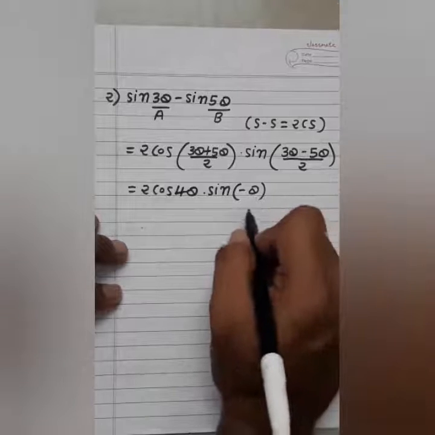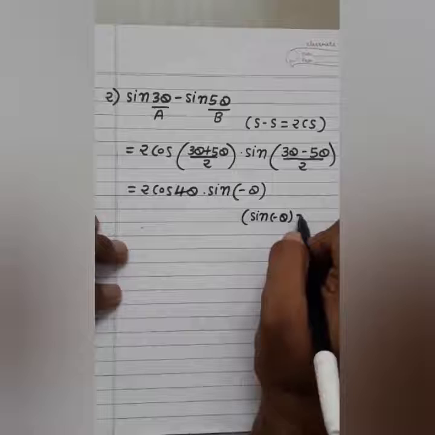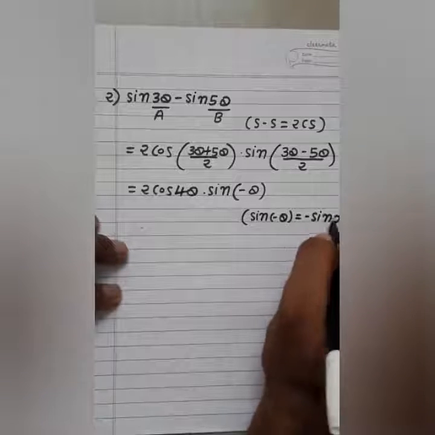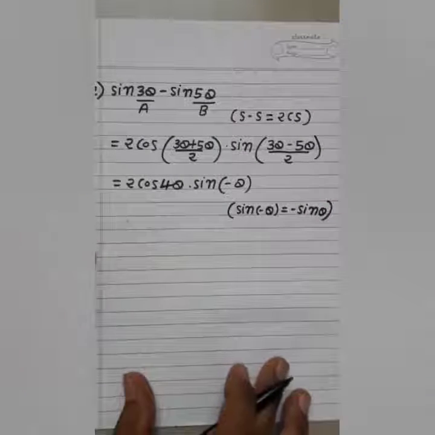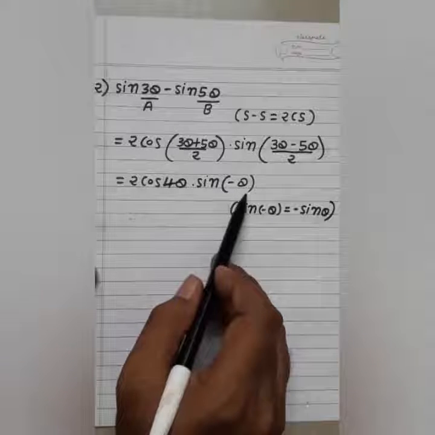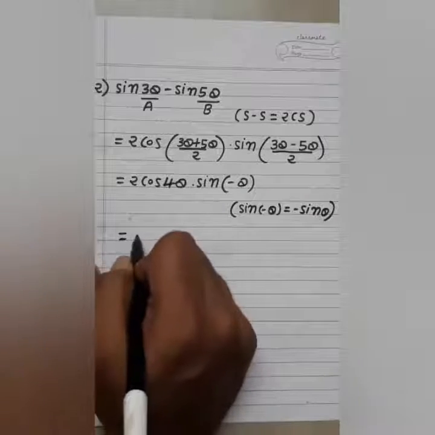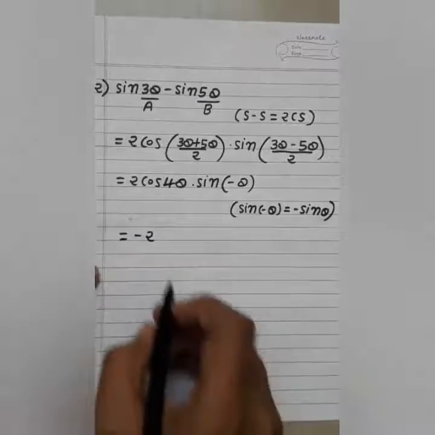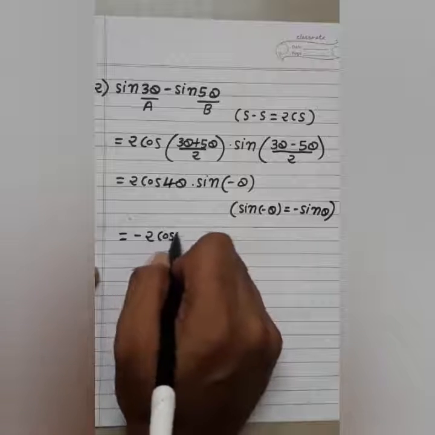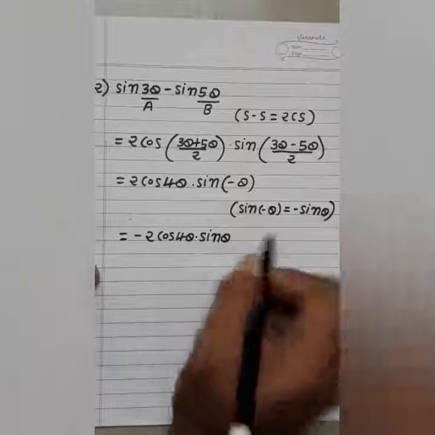But we know the result that sine of minus theta is equal to minus sine theta. So the minus sign we can write outside. Our final answer: minus 2 cos 4 theta into sine theta.